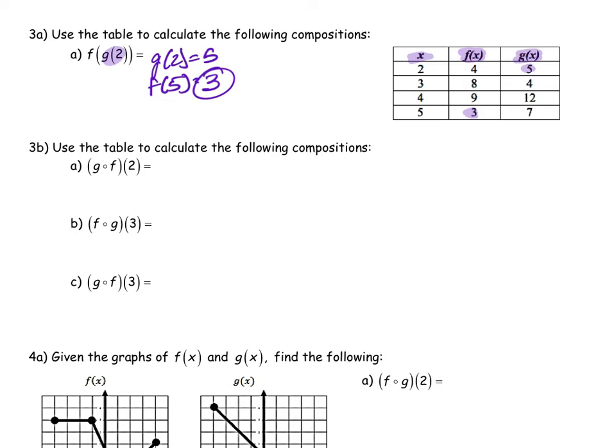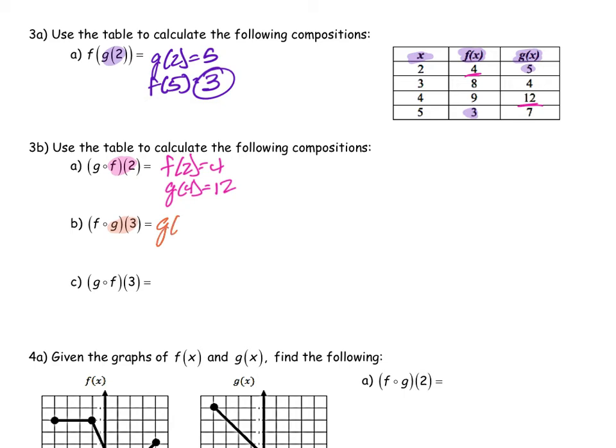So we're looking for f of 2, right? So f of 2 is going to be 4. And then g of 4 is going to be 12. Beautiful. Everyone who put that in there is right. And then we're going to find g of 3.